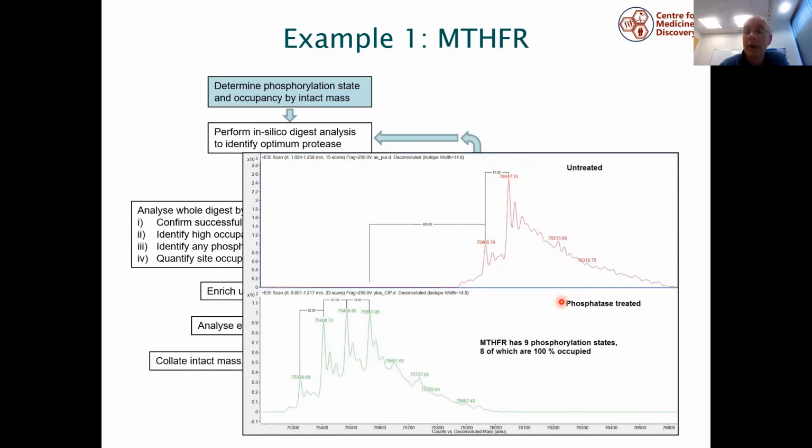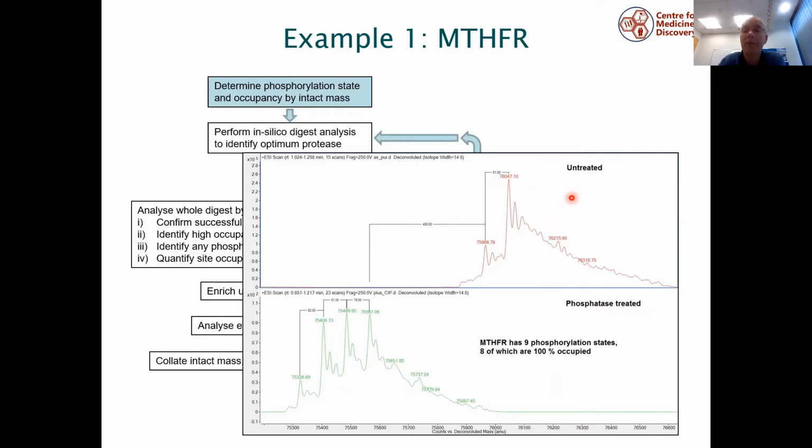We've also analyzed the protein after it's been phosphatase treated, so we've removed some, but not all of the phosphorylations, and now we get a match. So this mass here, 75326, this is the unmodified protein. So this is phosphorylation state 0, 1, 2, 3. That's phosphorylation state 8 and phosphorylation state 9.